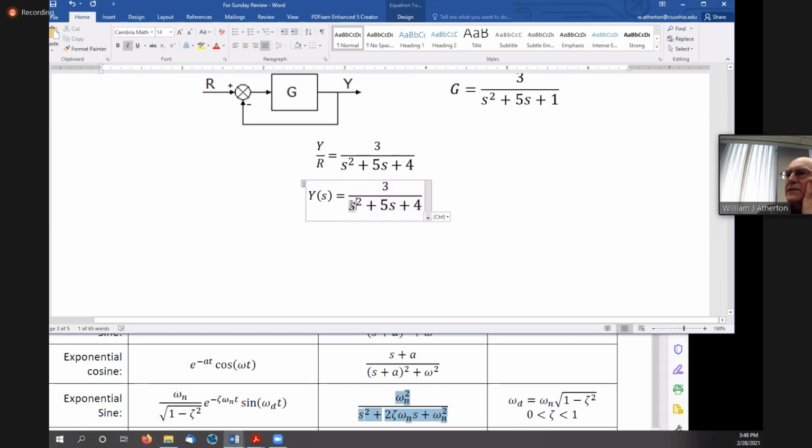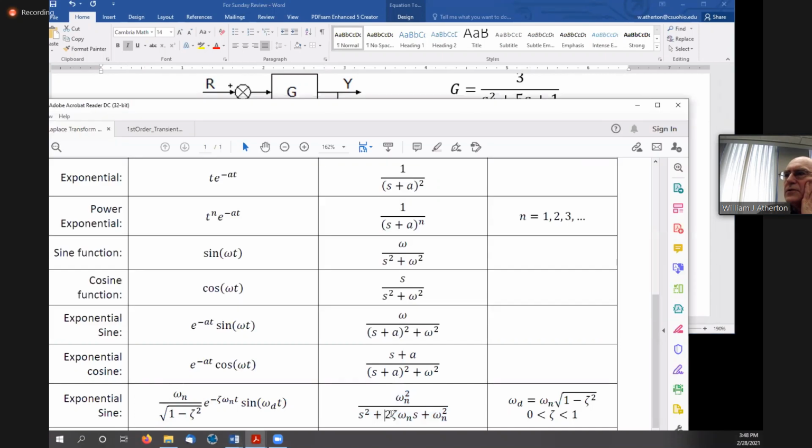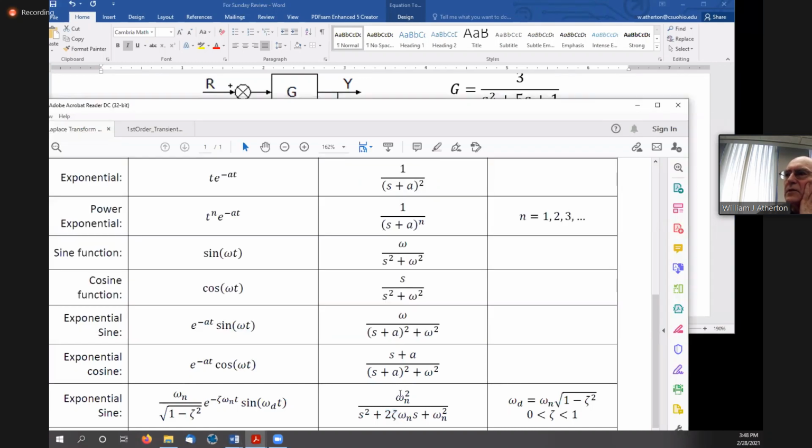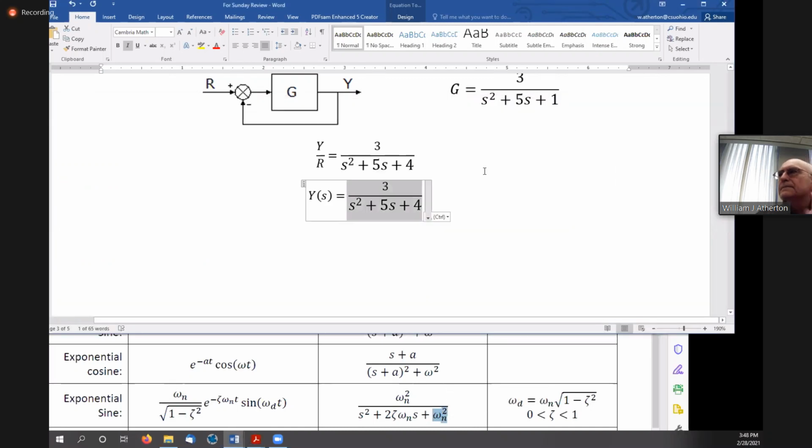Okay, so I've got my s squared. 5 corresponds to 2 zeta omega n. And 4 corresponds to omega sub n squared. So I can put this in this form if my numerator is the same as omega sub n squared. I can do that.